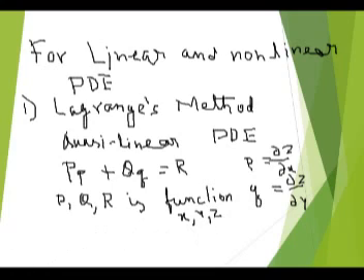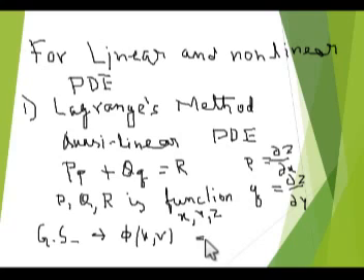Then we can find its general solution, which is of the form phi(u, v) equal to 0, and we have to find it through the conditions given.